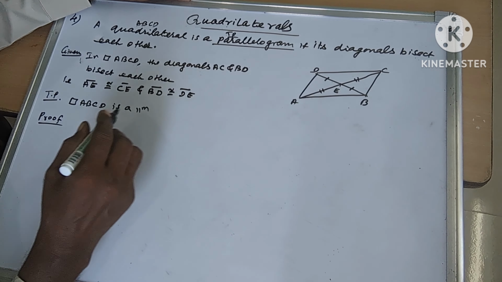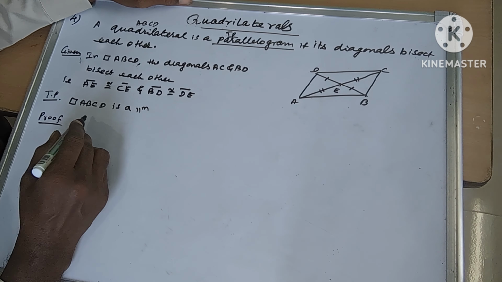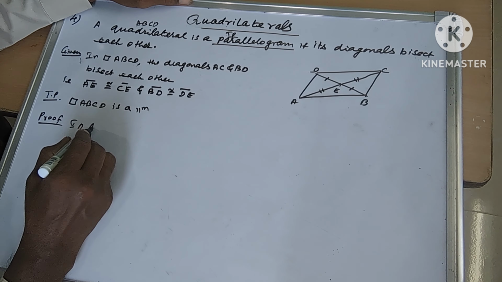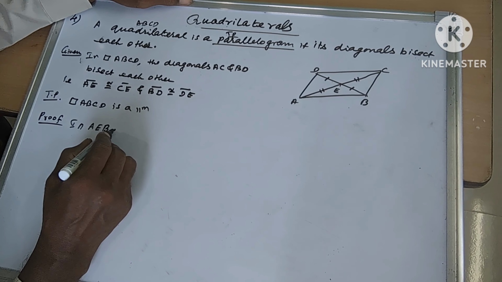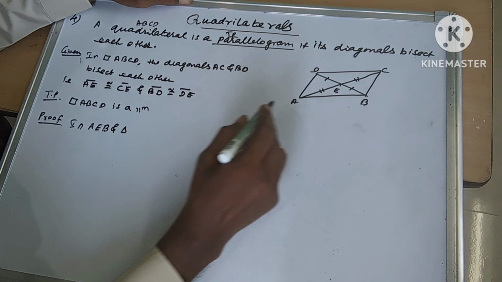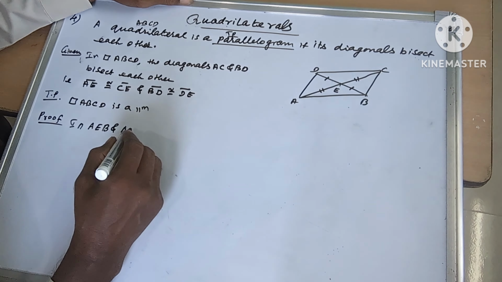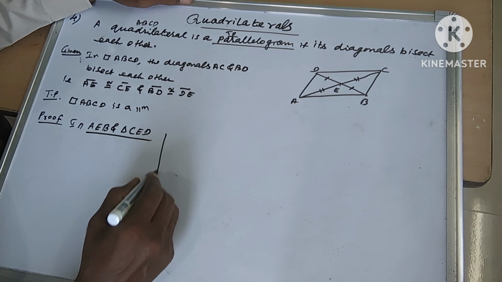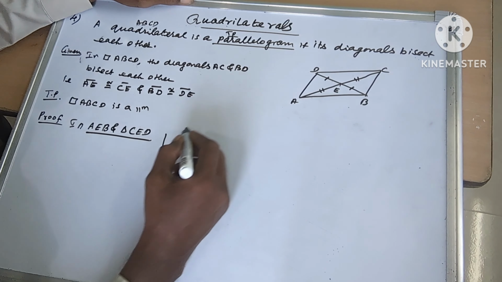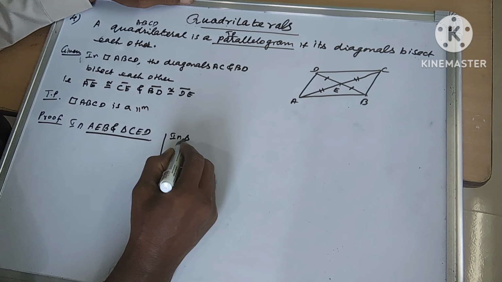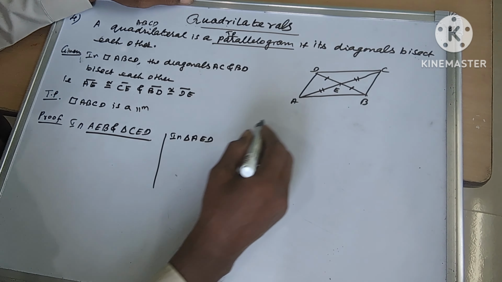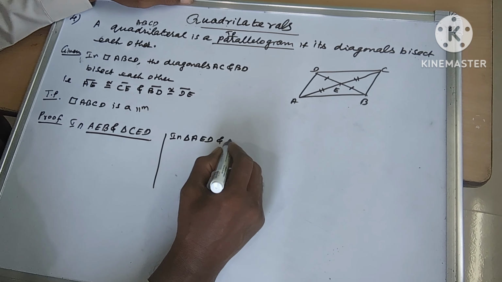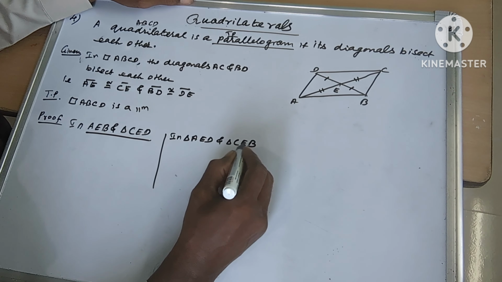So now we consider two pairs of triangles. One is triangle AEB and triangle CED, and the other is triangle AED and triangle CEB.